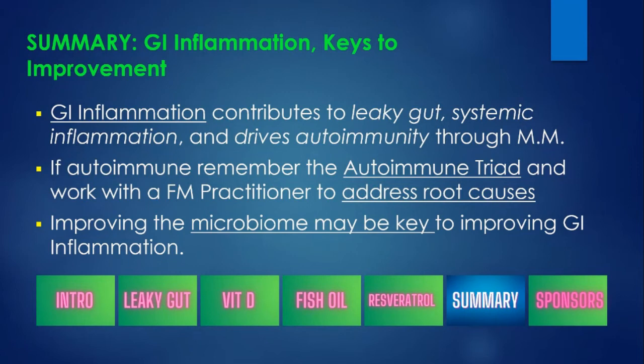Remember, the autoimmune triad is three different groupings of factors that come together to trigger and or perpetuate environmentally induced autoimmunity. These are the major categories, but there are subcategories under these. Number one, immune dysfunction or dysregulation.